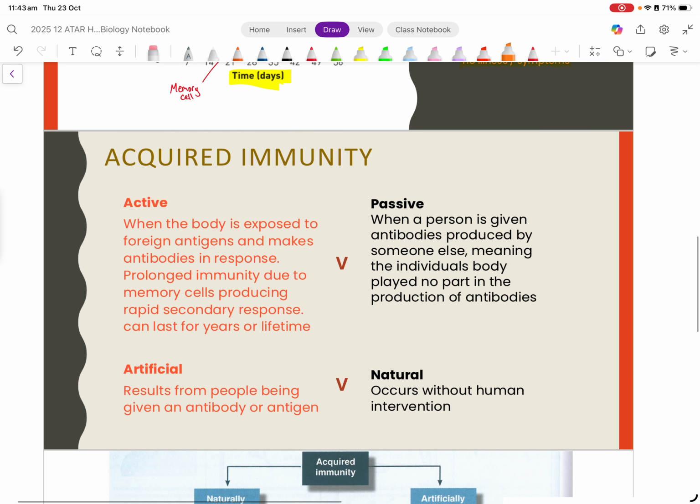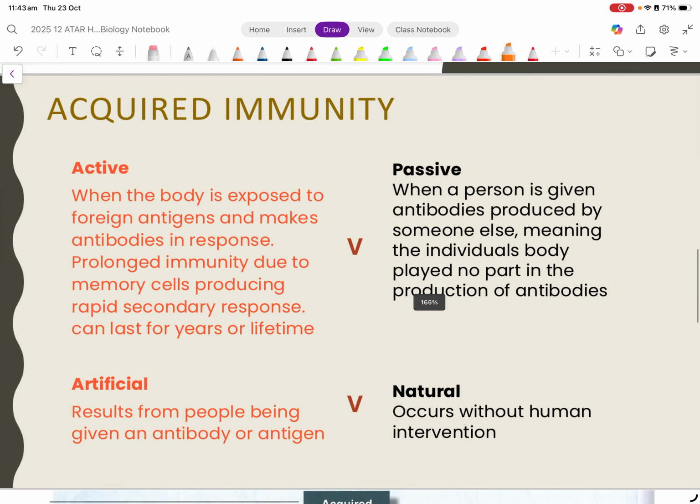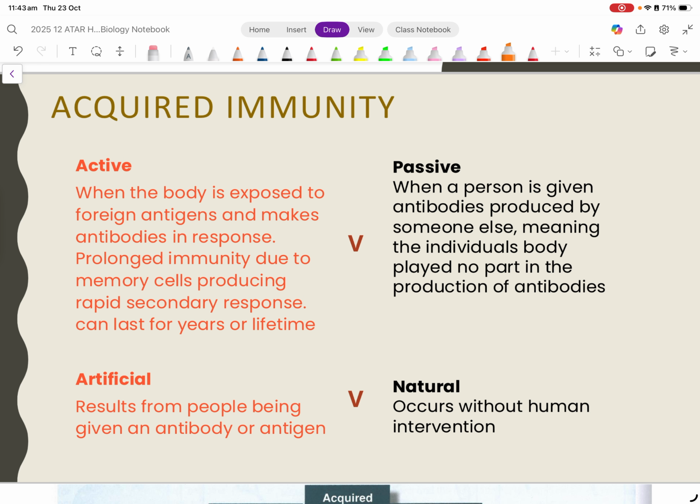So our final sort of idea here is, in the case of acquired immunity, how can we become immune to a particular pathogen? So we have two sort of ideas here. We have this idea of active versus passive immunity, and we also have this notion of artificial versus natural immunity. So in the case of active immunity, this is where your body is exposed to a particular antigen and has to do the work itself.